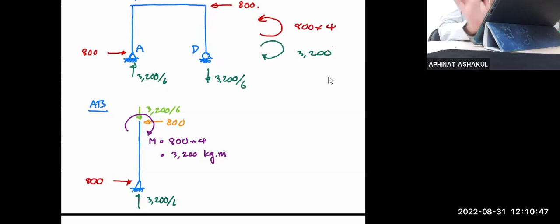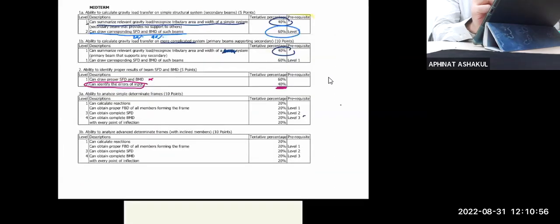Let me point out right here, because I use description here. Let's go back here. Determinate frame: calculate reactions. What's the first step? We have finished. That's 20%. Then obtain proper free body diagrams of all members, because I emphasize equilibrium.